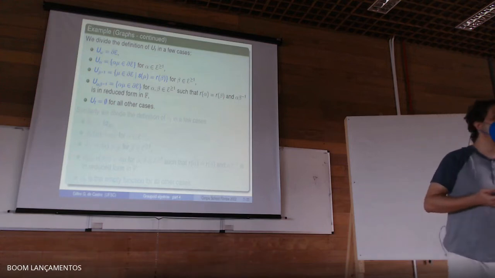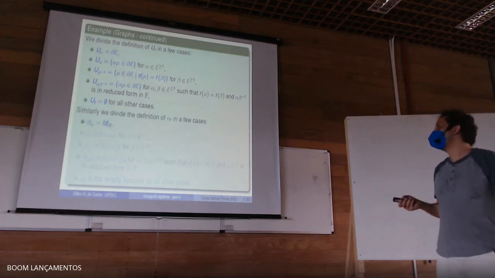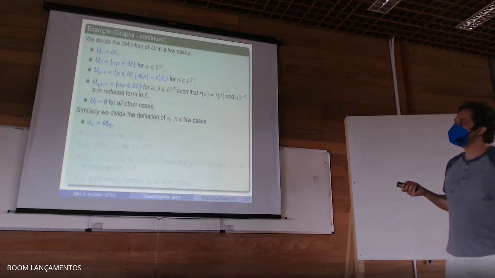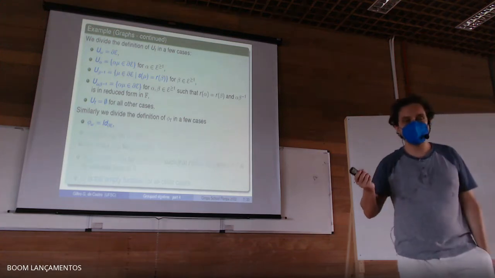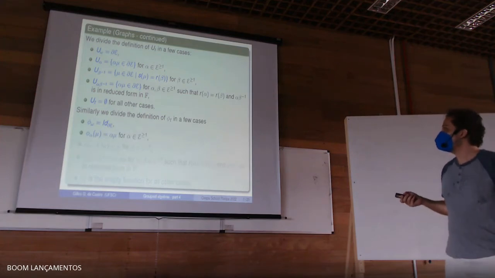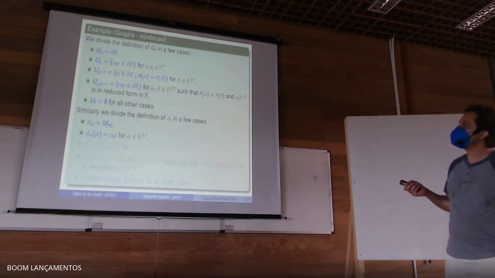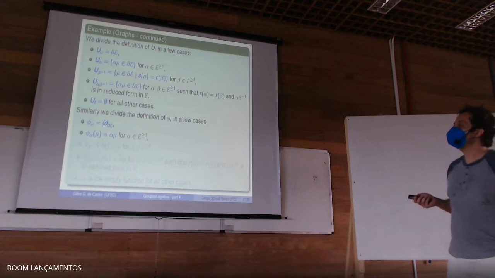We need to understand how the action itself goes. Again, for the empty word, it's going to be the identity, because that's one of the axioms that is needed for partial actions. And the other ones is just saying what we had before. So what's going to be phi of alpha? Phi of alpha is going to act on U_alpha minus 1. So I'm sorry, phi alpha is going to act here. So it's going to only attach alpha at the beginning.